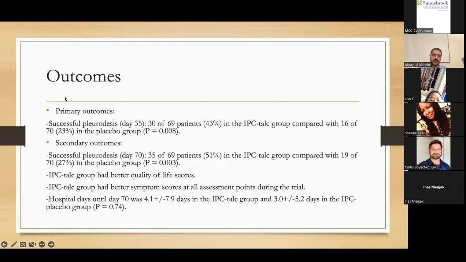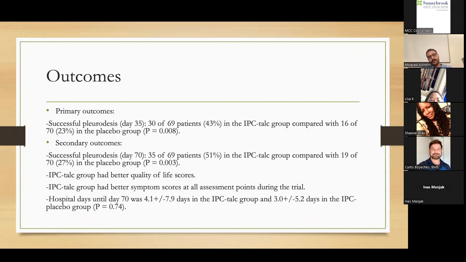Now, the primary outcome was successful pleurodesis at day 35, and the secondary outcome was successful pleurodesis at day 70. For the primary outcome, 43% in the IPC talc group compared to 23% of the placebo group had successful pleurodesis by day 35, with a significant p-value of 0.008.